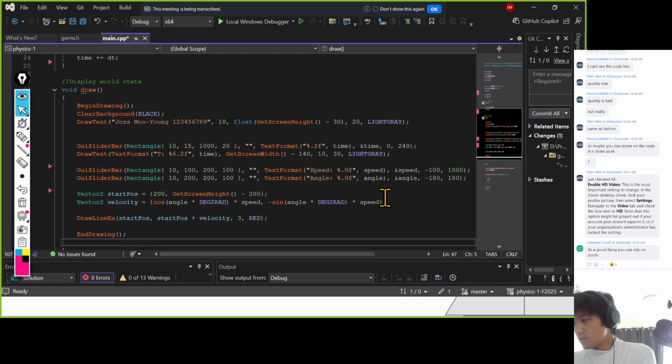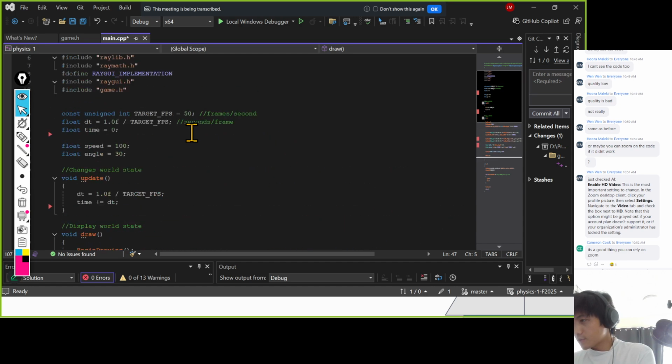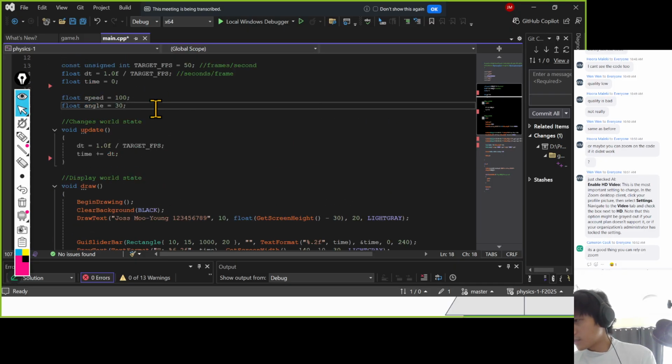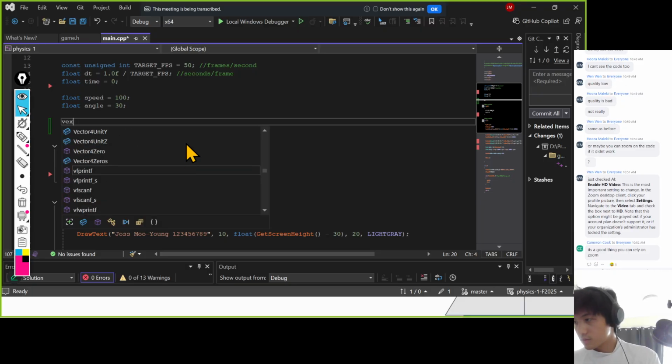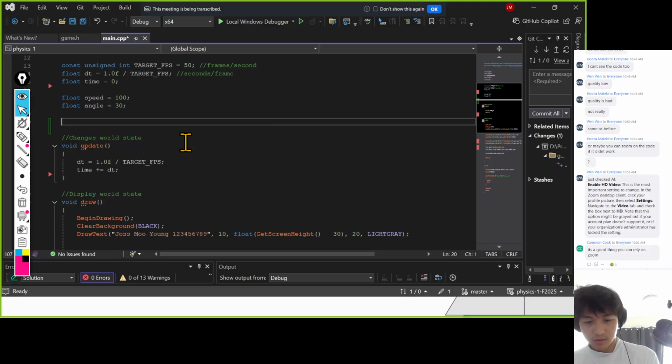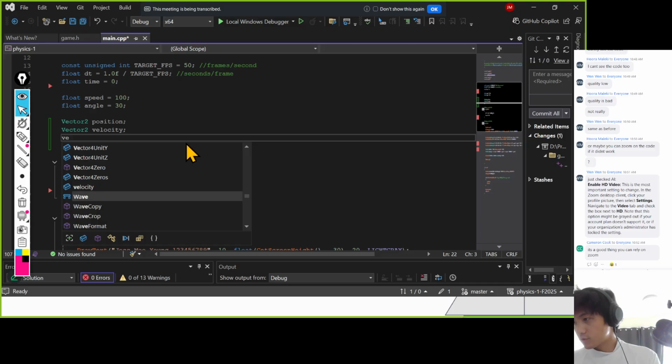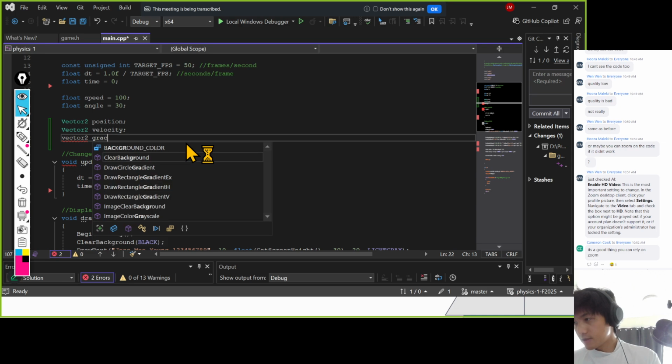Okay, so let's say we have all this start position and things like that. So far, everything's just sitting here in global space. I could also make a Vector2 position, Vector2 velocity, Vector2 gravity acceleration.